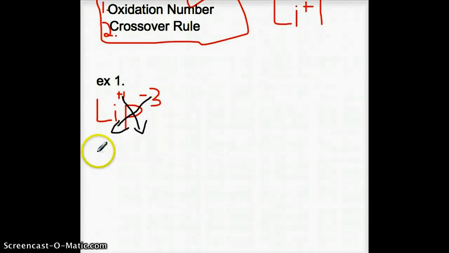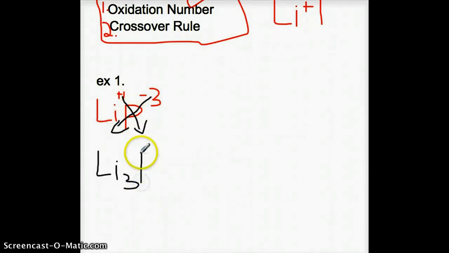This is going to be written out as lithium 3, because 3 has now been crossed over from phosphorus to the right side of lithium, and phosphorus will now get the charge of 1, which was crossed over from lithium. Notice how I didn't write 1 here, because we already know that 1 phosphorus already exists, therefore we don't have to write out the 1.